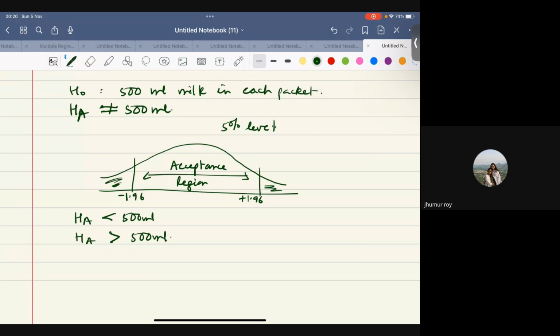Where have you obtained minus 1.96? Always the area will be between positive and negative. If you take the central value as 0, then this side it will be negative and this side it will be positive.